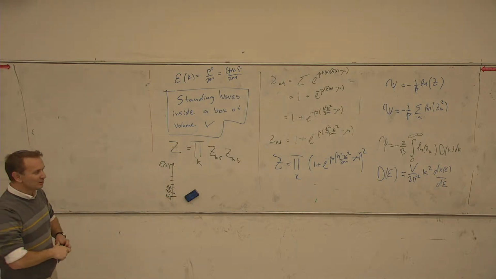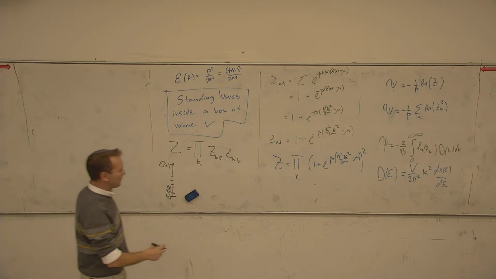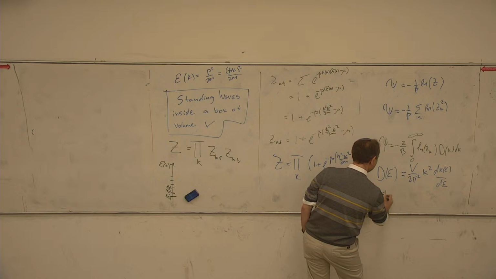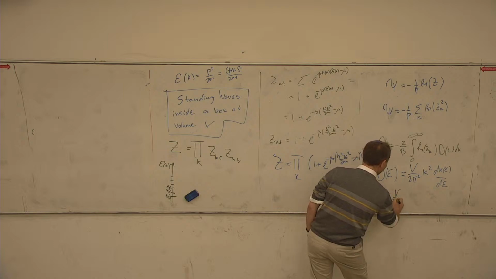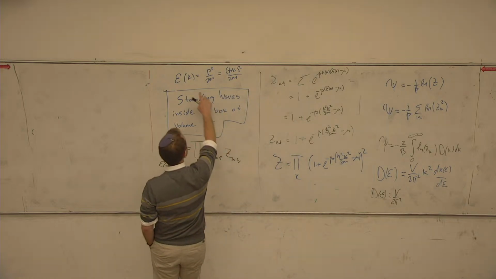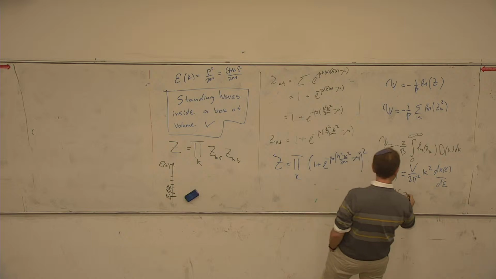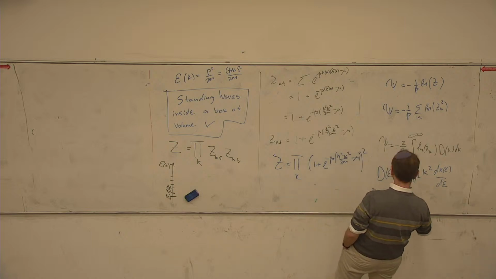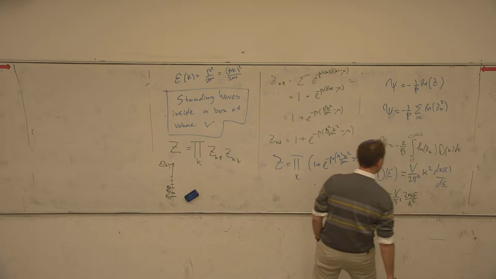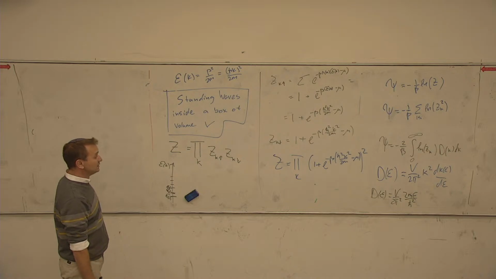All right, some integrals. So first of all, let's write it down. This d of epsilon is V divided by 2 pi squared. Now k squared is 2m divided by h bar squared, epsilon, right? And what is dk to d epsilon?